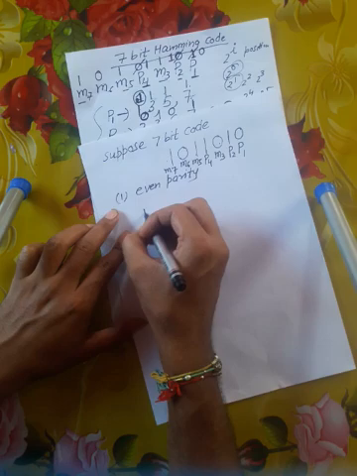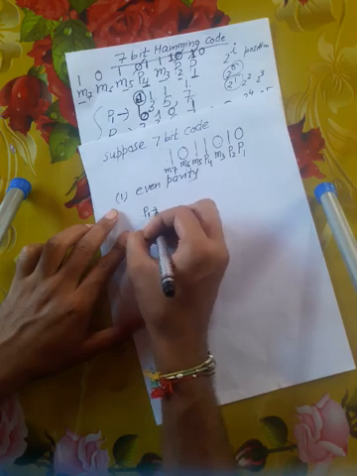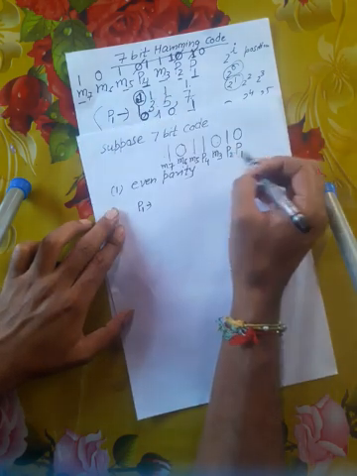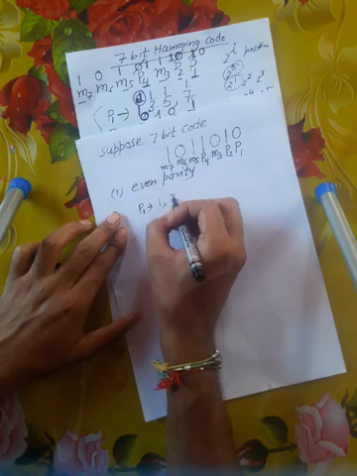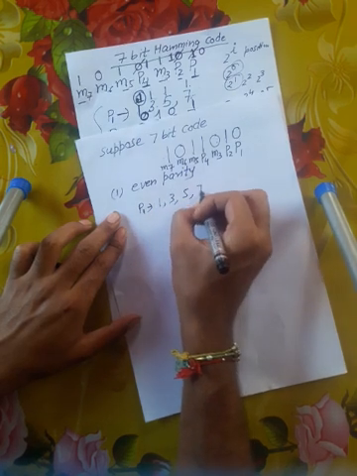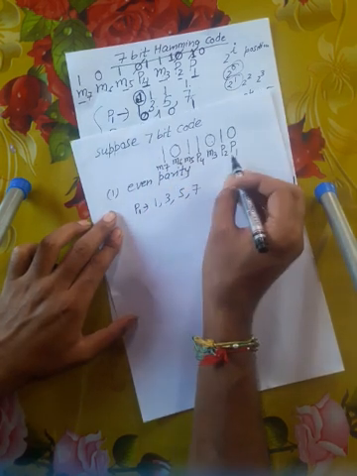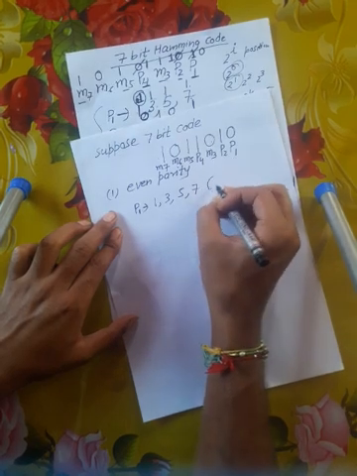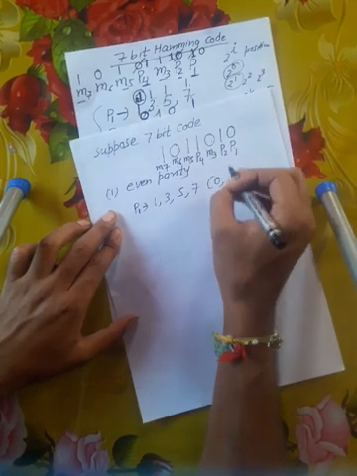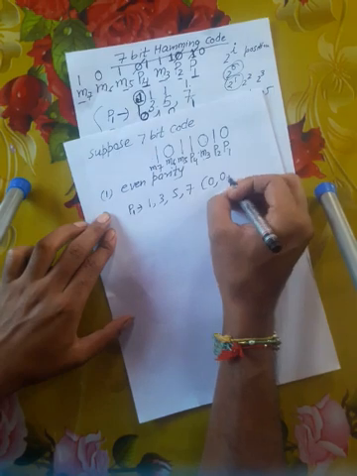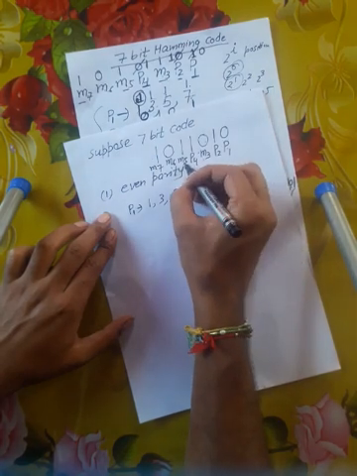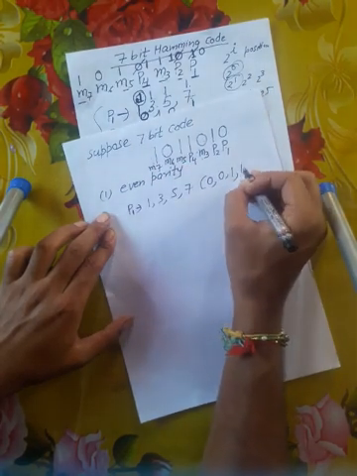Now check for P1. For P1, you know for P1 what is the value? 1, 3, 5, 7. Value of 1 is 1, 3 is 0, 5 is 1 and 7 is 1.